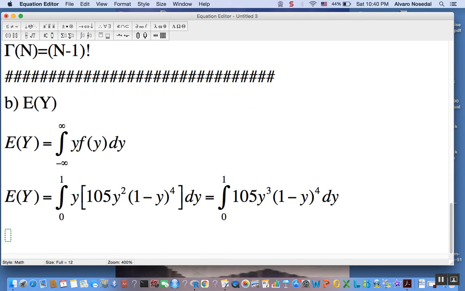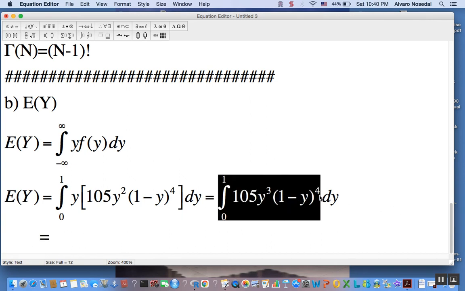That's why I said that the idea of completing expressions for legit PDFs inside an integral could be very useful, and we're going to be using that trick very frequently whenever we have a chance. Let me factor out that 105.